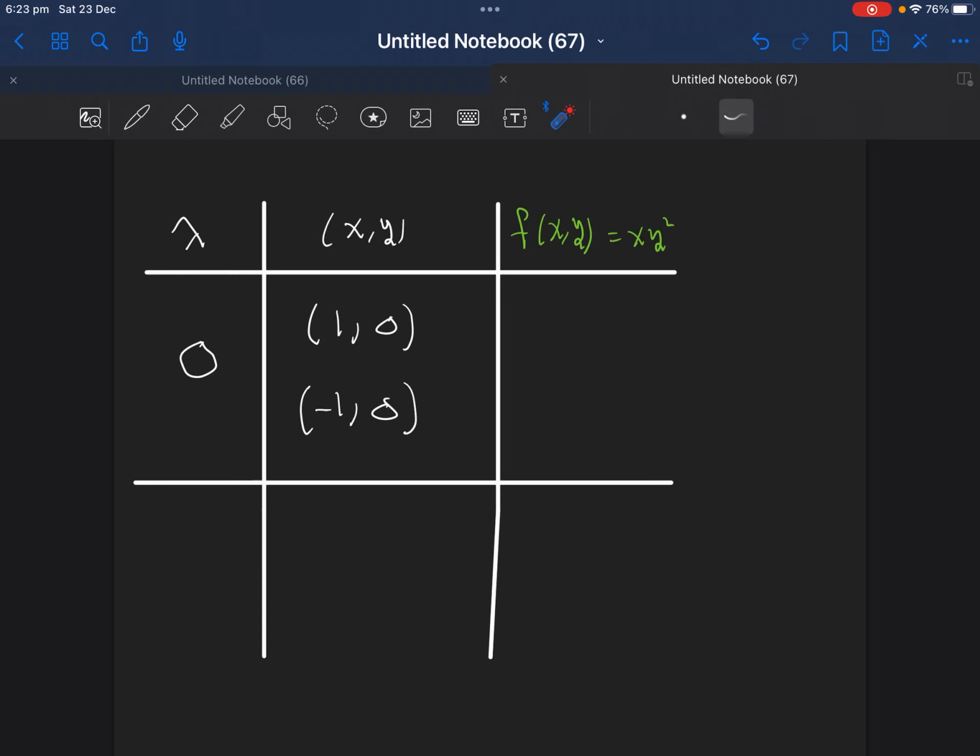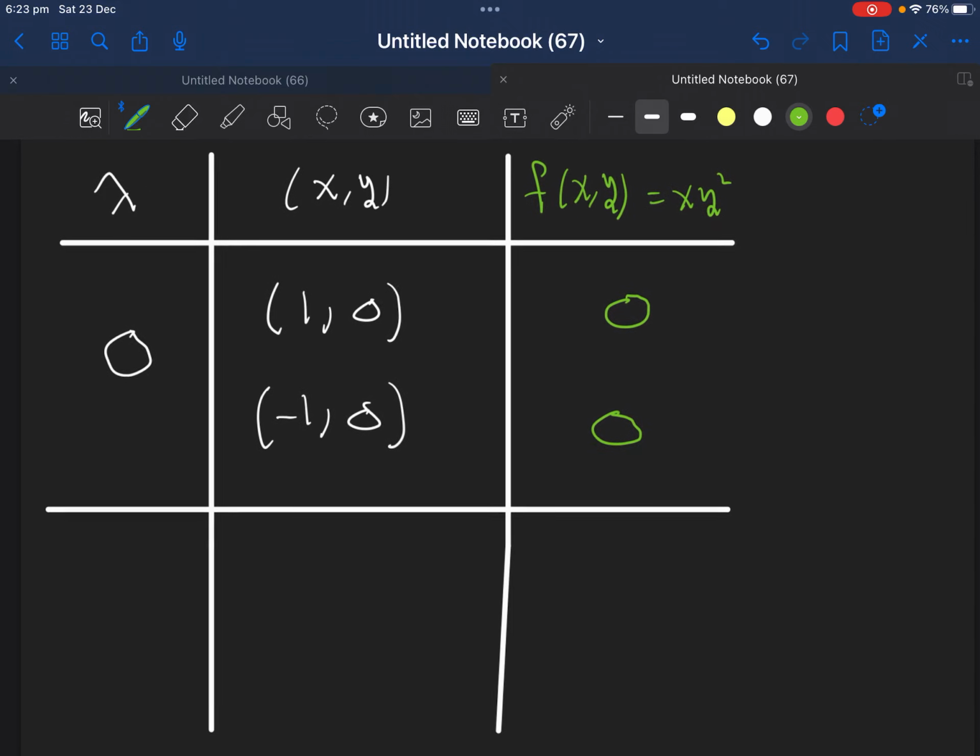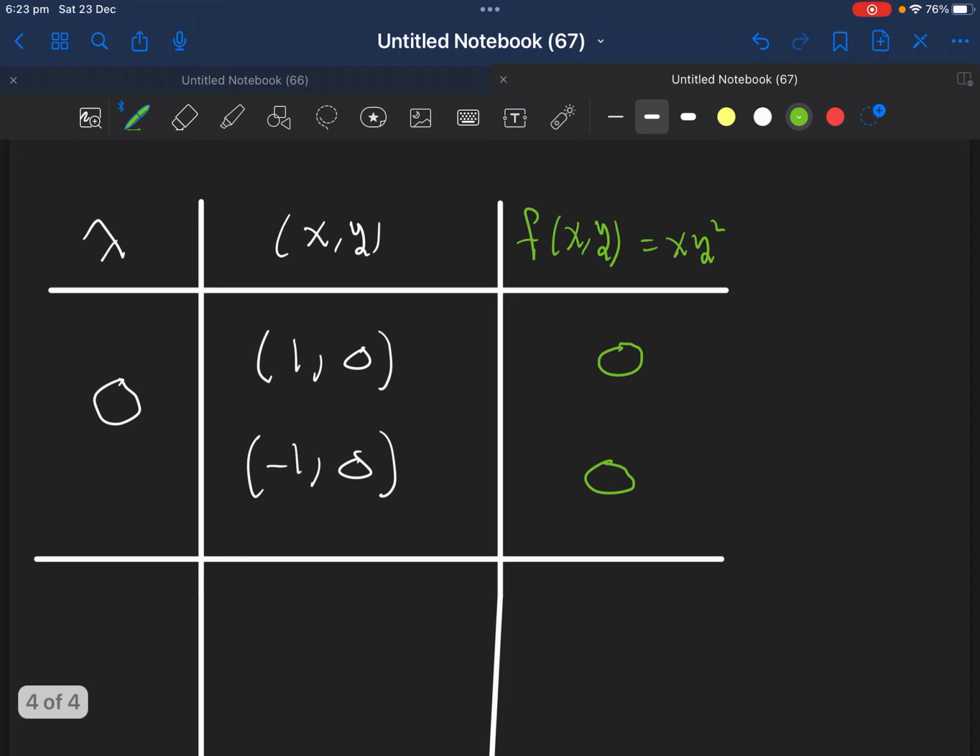If we substitute x equal to 1 and y equal to 0, what we will get up here is 0. Same thing if I substitute negative 1 and 0, I will get just 0. In this case, it is not maximum or minimum. Maybe maximum, maybe minimum, they are the same, so the value is 0.